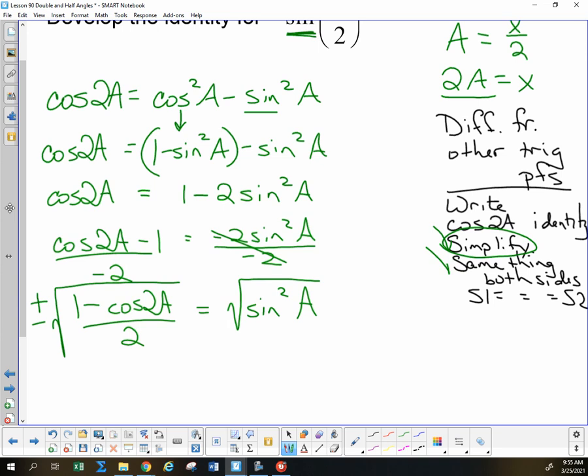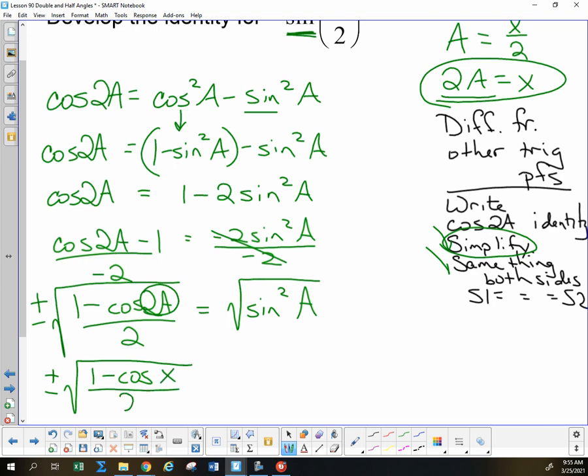So my left side is plus or minus the square root of 1 minus the cosine, but 2a is x, so that's just x over 2. And on the right, I'm just going to have the sine of a, but a is x over 2.